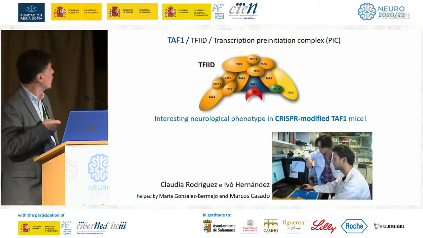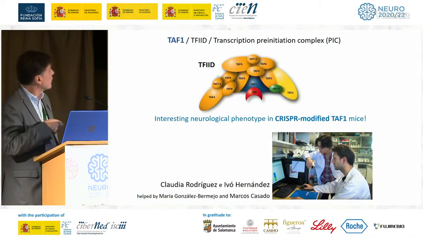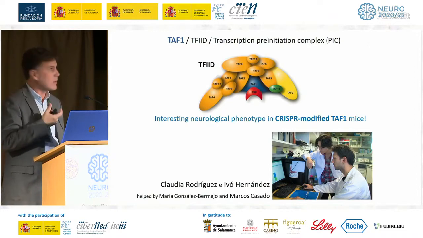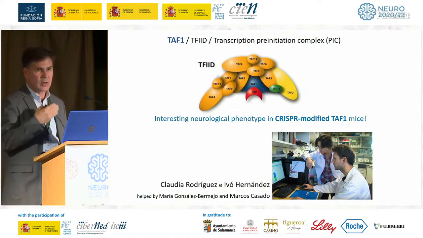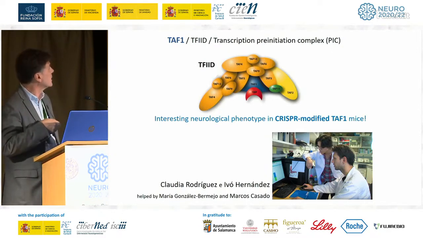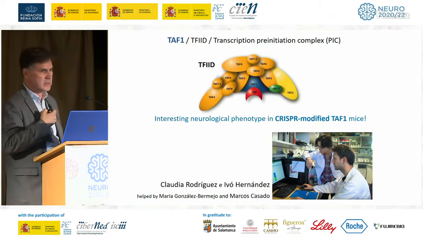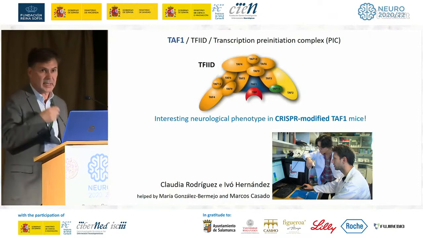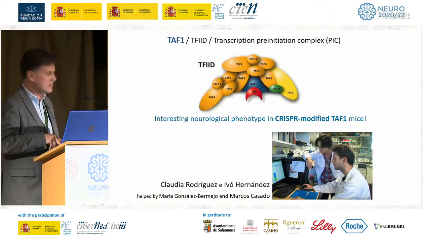I don't have the time to go into those mechanistic details today, but I would like just to mention that we have created mice with CRISPR modification of TAF1 to force the expression of one of the splicing isoforms, and this results in a very interesting neurological phenotype that we believe explains part of the disease in Huntington's disease, but probably we will need the help of some of you to continue the characterization of these mice and the molecular mechanism.